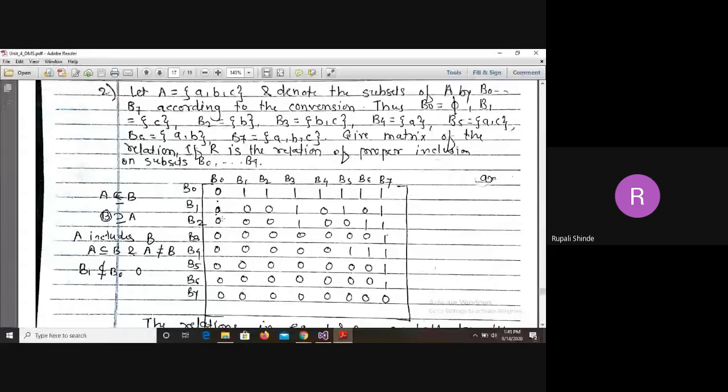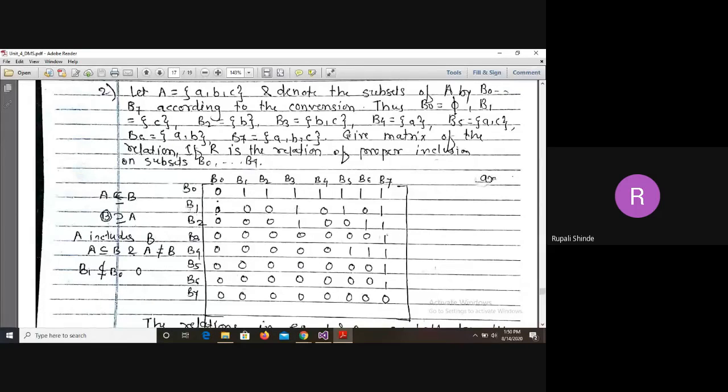That's why we have to mark 0. Now B1, B3. B1 consists of set C and B3 consists of set B, C. So here B1 is a subset of B3 and B1 is not equal to B3. That's why we have to mark 1 for this pair, because B1 is a proper subset of B3.